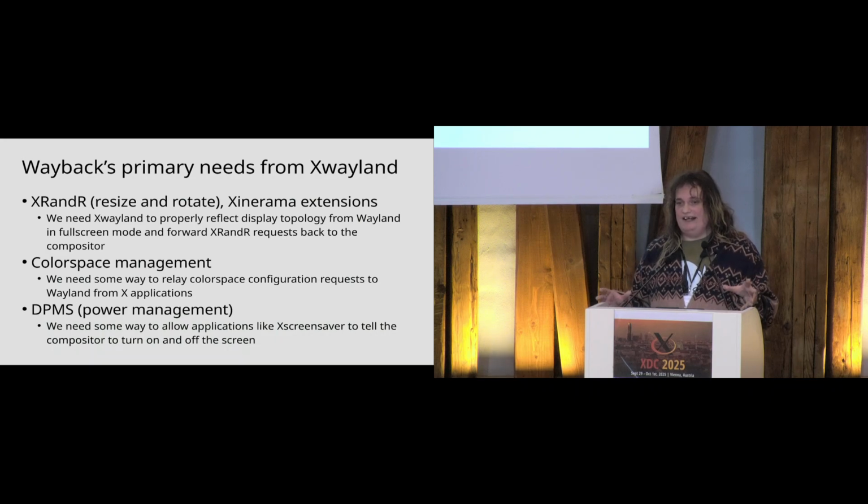We need some way for the compositor to be able to talk with Wayland and say, use this type of color space, because people use graphics packages to do graphics in these different color spaces, and if it's not correct, then when they go to print out the graphics later, they don't get the result that they're expecting, and so that's why that's important.